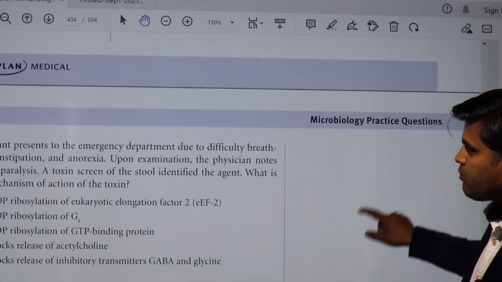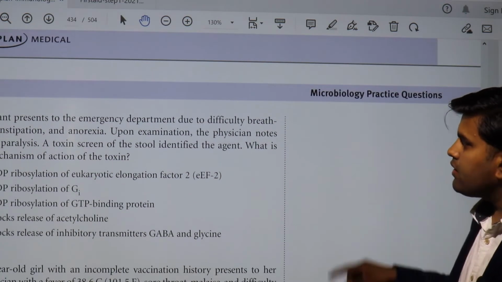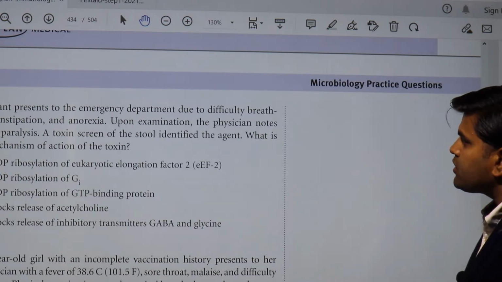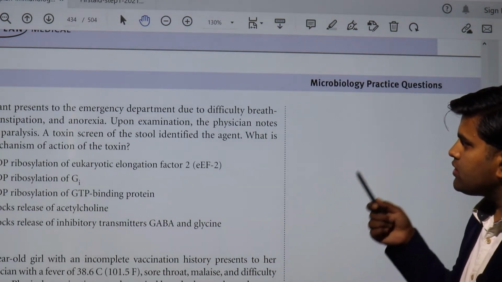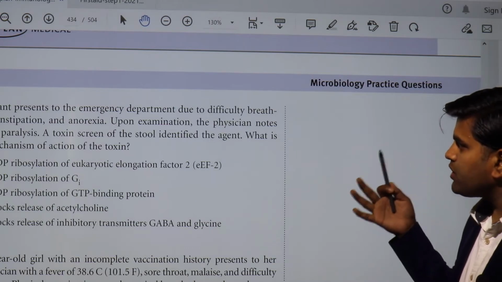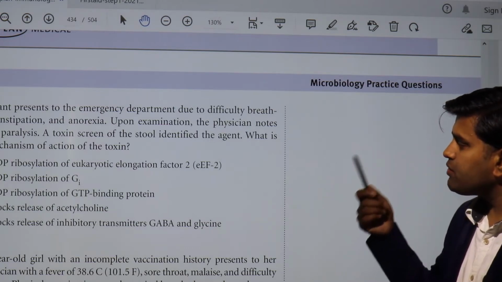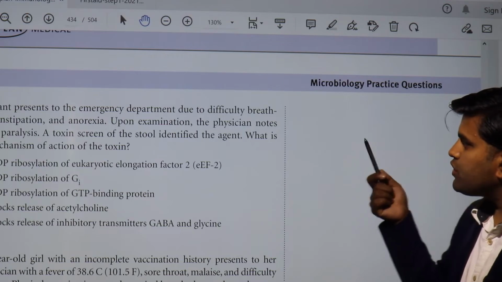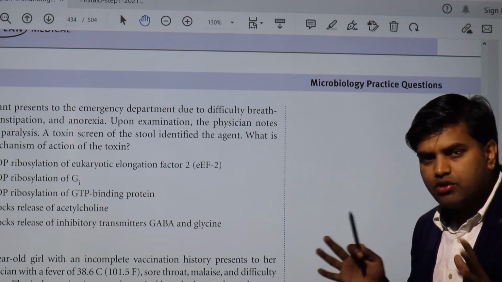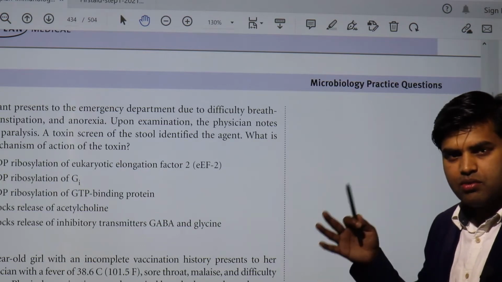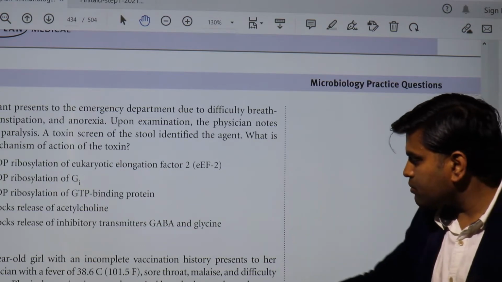Now we can move even further. An infant presents to the emergency department with difficulty breathing, constipation, and anorexia. Upon examination, the physician notes flaccid paralysis. If you go back to the exotoxin and endotoxin portion, Clostridium tetani was causing spastic paralysis.